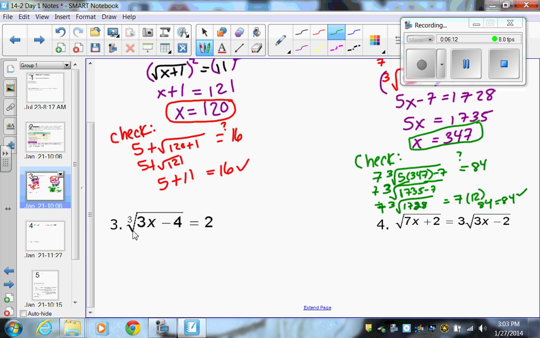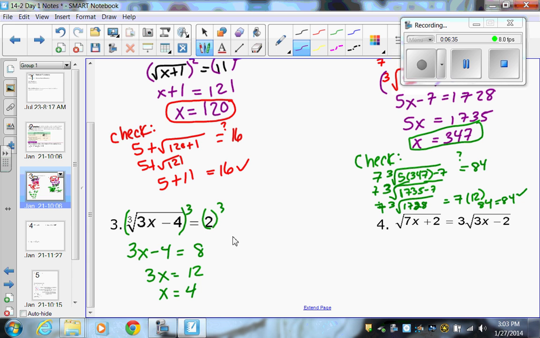Number 3, it looks like the radical is already isolated, so all we can start with is raising it to the index. Since this is the cubic root, we're going to raise it to the third power. That gives me 3x minus 4 equals 8. Add 4. 3x equals 12. Divide by 3.